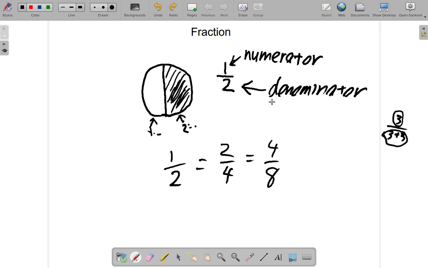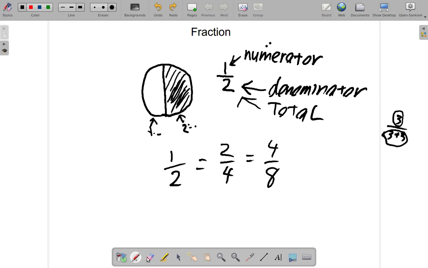So the denominator tells you the total number of equal parts available, and the numerator tells me how many I get, or how many I shade, or how many it is that I am interested in. So this is a half.